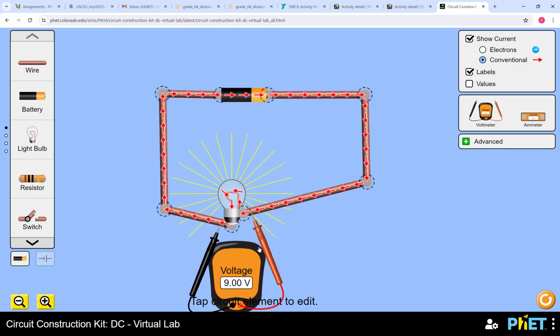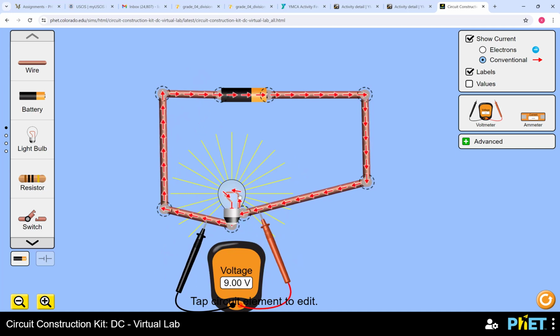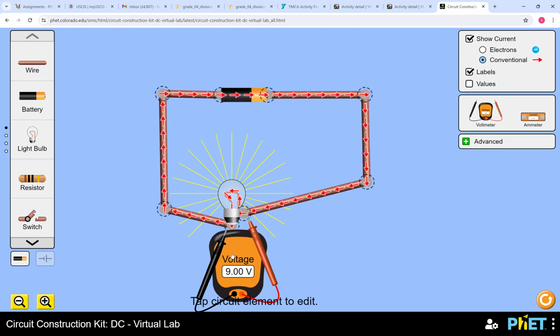So you are going to put one here, the other one here. You can put it on the in and the out, it will be the same. You can also put it here. But as long as you put it on the two sides of the light bulb, you are okay. So just to be safe, we put it in this little circle. So it's measuring the voltage across the resistor. You can move it up a little bit.